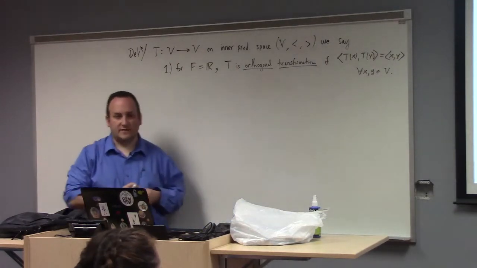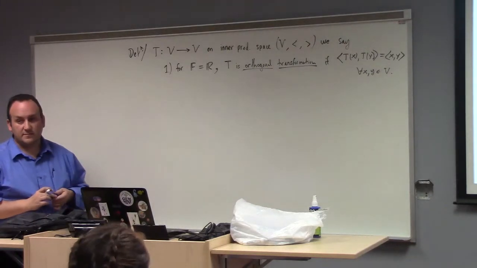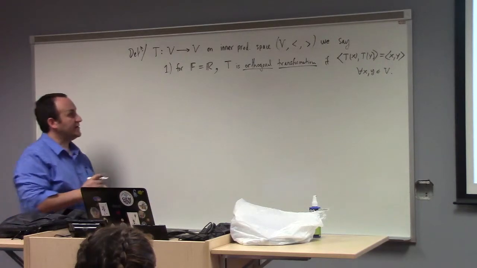So this is what it takes to be an orthogonal transformation: it doesn't change the inner product between two vectors. The inner product is maintained. This is an orthogonal transformation.